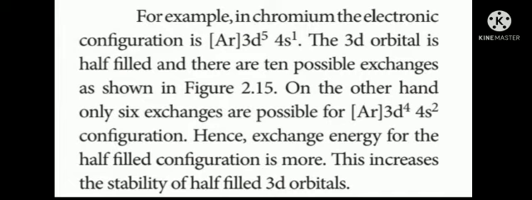Here, more exchange energy is released for 3d5 configuration than 3d4 configuration. Hence, the greater the number of exchanges possible, the greater the exchange energy. Hence, we completed the topic exchange energy. Also, we completed Lesson 2, Quantum Mechanical Model of Atom.